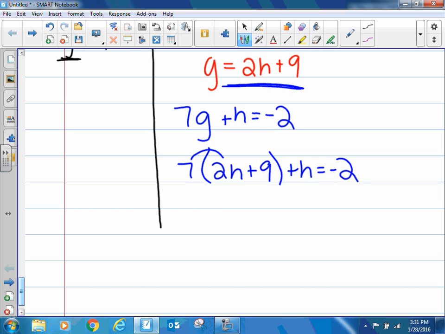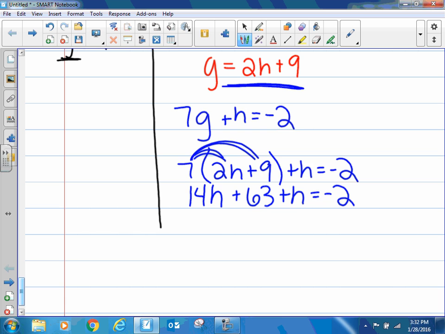Distribute. 14h plus 63 plus h equals negative 2.